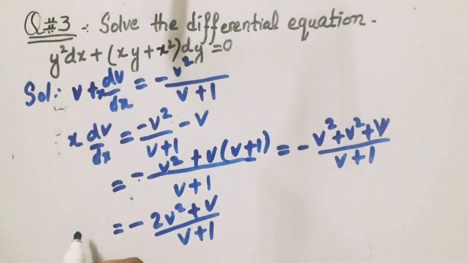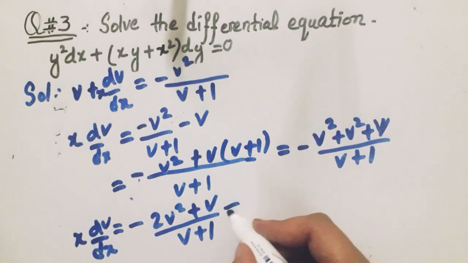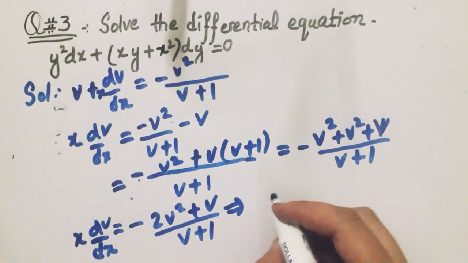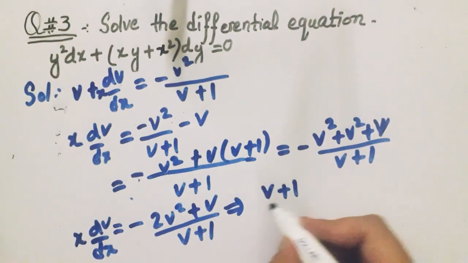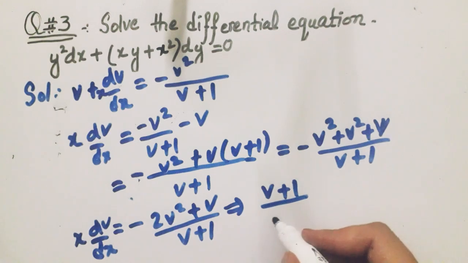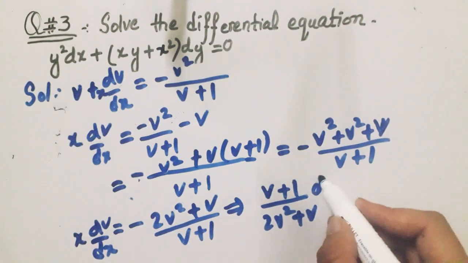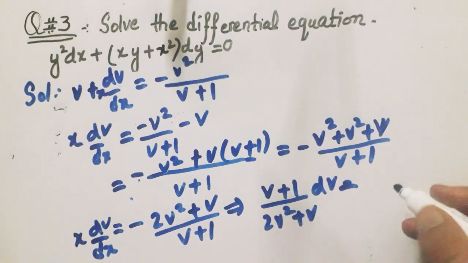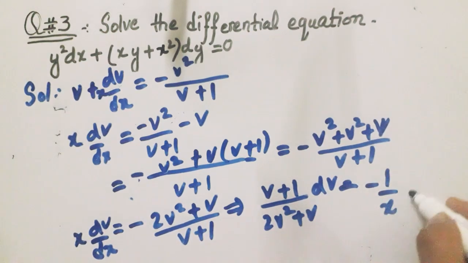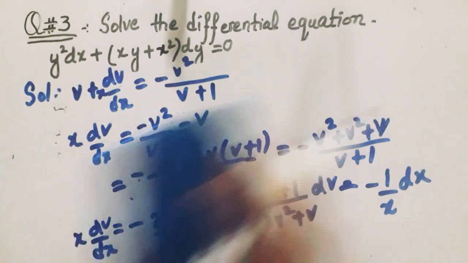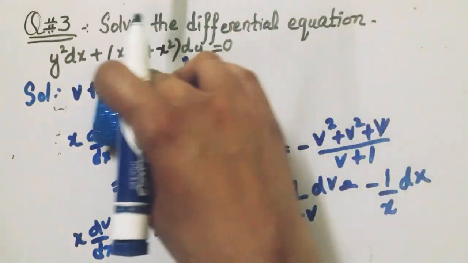It will become (v plus 1) divided by (2v squared plus v) into dv is equal to minus 1 by x dx. Now we will integrate this and get the final answer.